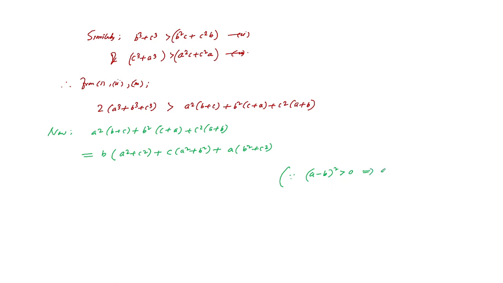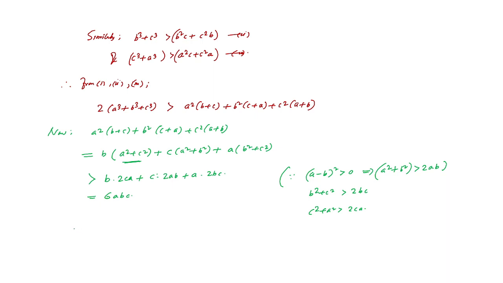So from this result we can write a square plus b square must be greater than 2ab. In the same way, b square plus c square is greater than 2bc and c square plus a square is greater than 2ca. Just we put these things here. b into a square plus c square is greater than 2ca times b. c into a square plus b square is greater than 2ab times c. And a into b square plus c square is greater than 2bc times a. So that will be 6abc.